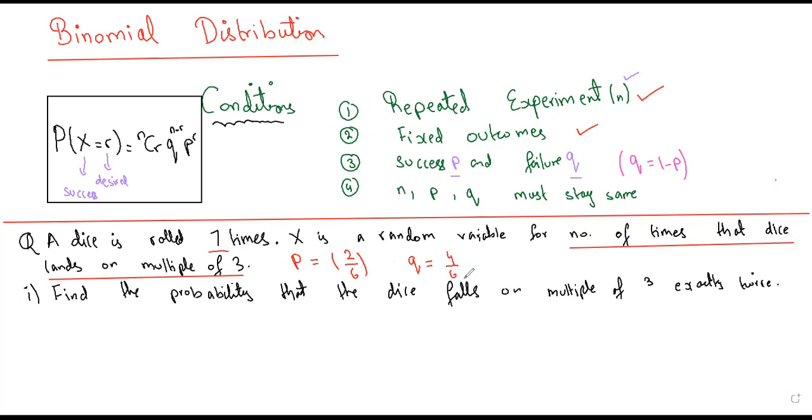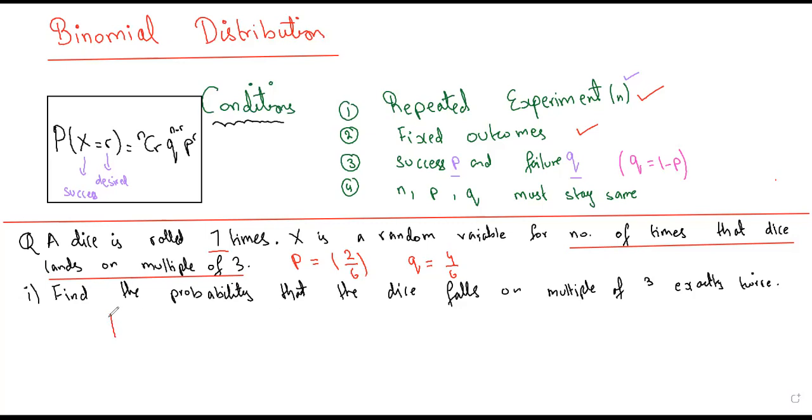Okay, and then the last one is n, p and q should stay same. Yes, nothing is changing. N is same, p is same, and q is same. So this means this question is a question from binomial distribution. How do we solve this? Find the probability that the dice falls on multiple of 3 exactly twice.